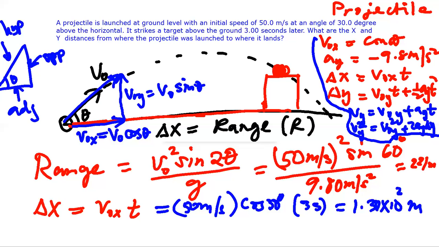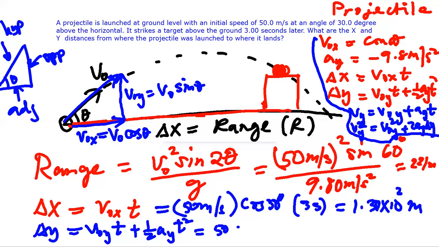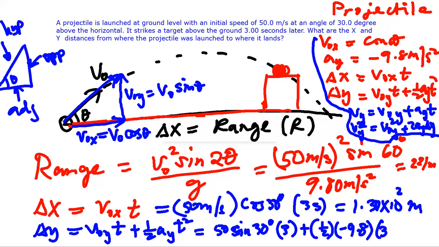Now, delta y will be equal to v o y times t plus 1/2 a y times t squared, which is equal to your 50 meters per second times the sine of 30 degrees times 3 seconds plus your 1/2 times minus 9.8 meters per second squared, that's a, times 3 squared.